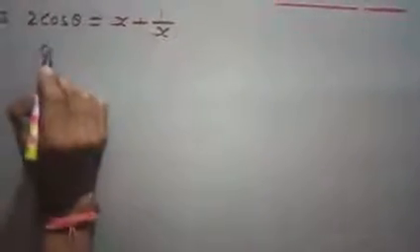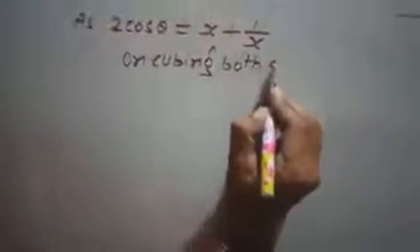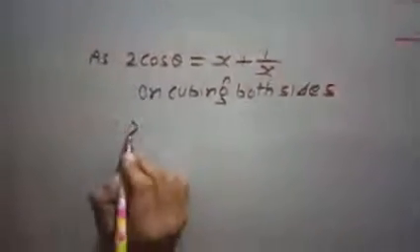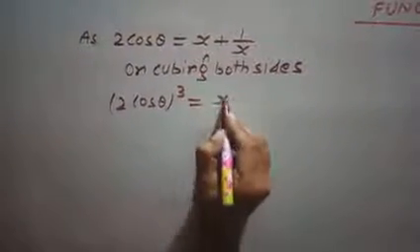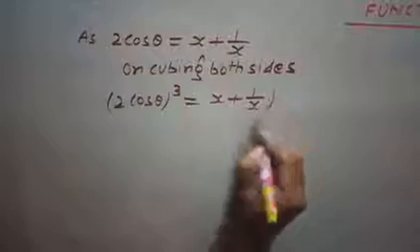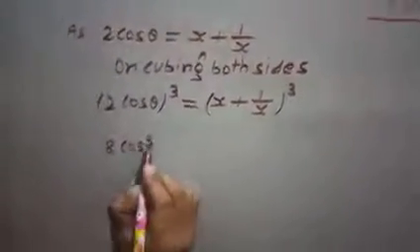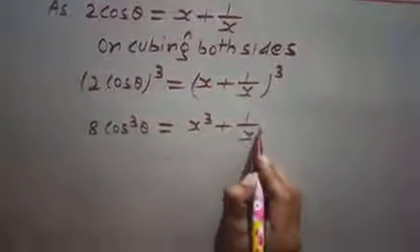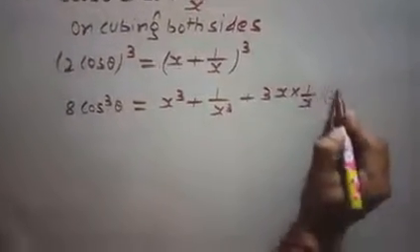So for that, on cubing both sides, because we see in the right hand side there is a cube, so here (2 cos theta) whole cube, and here (x plus 1 upon x) whole cube, so that is 8 cos cube theta, and here a cube plus b cube plus 3ab(a plus b).